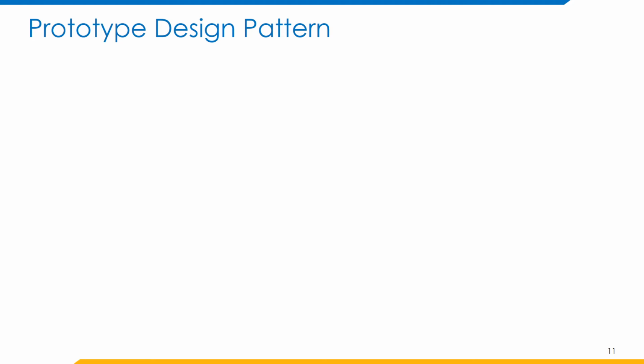Prototype design pattern. When the object creation process is costly and time-consuming, in that case we will use this design pattern. In the prototype design pattern, we will create one copy of an object and clone the object. Cloning means creation of another copy of the real object.